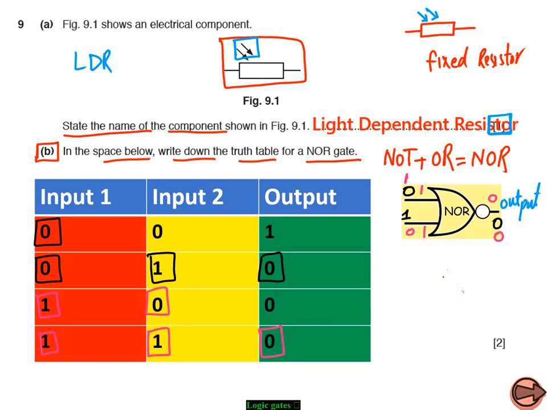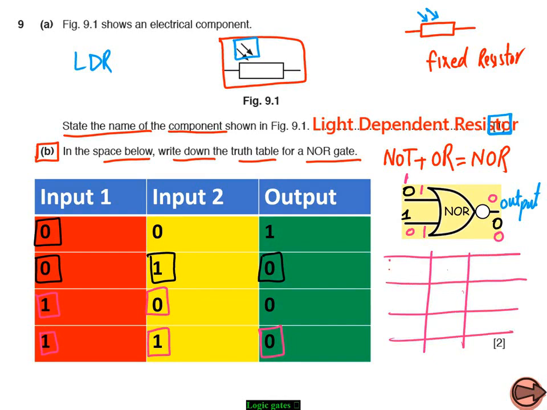the NOR gate is just an inverter, meaning all the outputs will be opposite. Let me explain to you here. In the OR gate, we can do a comparison here. So let's say input 1, and here is input 2, and here is the output. I'm explaining the OR gate only. If you are not clear, you can understand better from here.